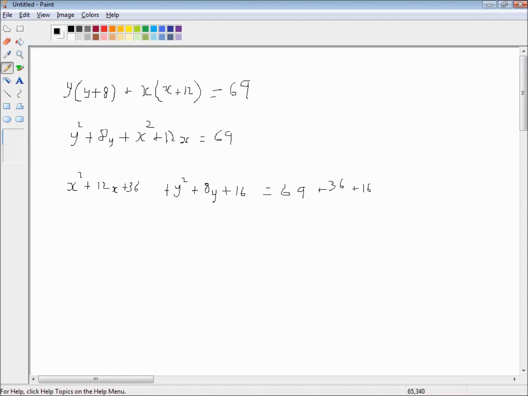Okay, so now I can complete the square. So this is x plus 6 squared plus, and this is y plus 4 squared. So that's now factorised, and that's equal to, oh gosh, 69 plus 36 is 108.